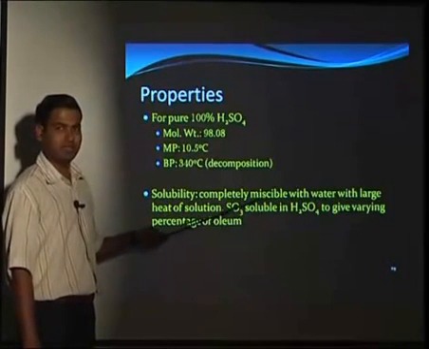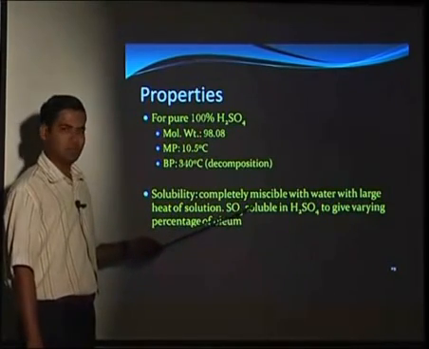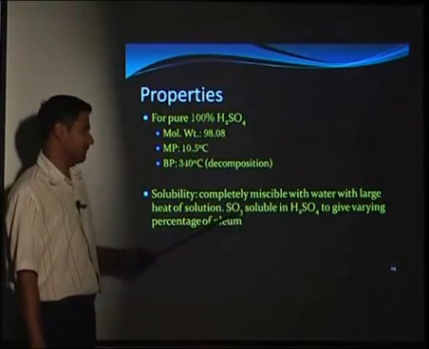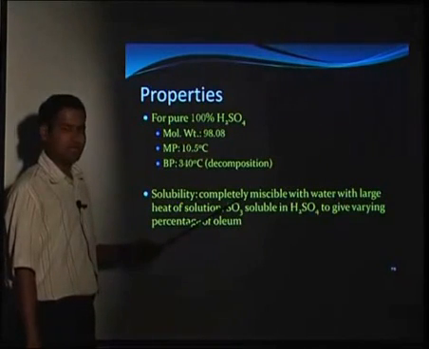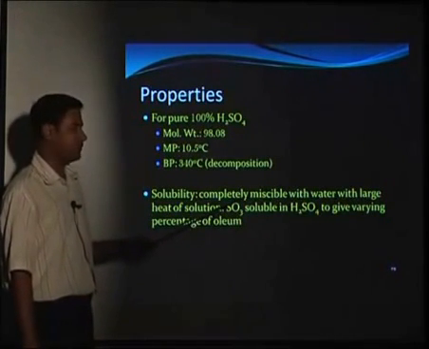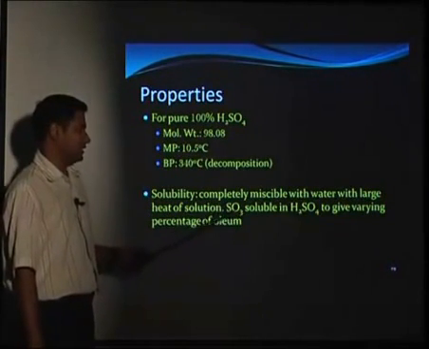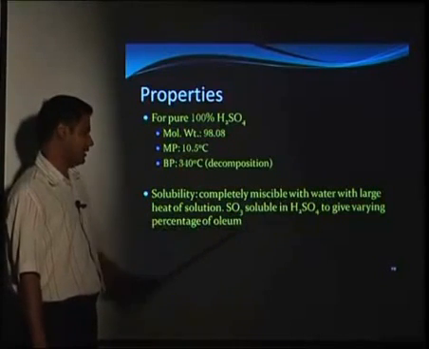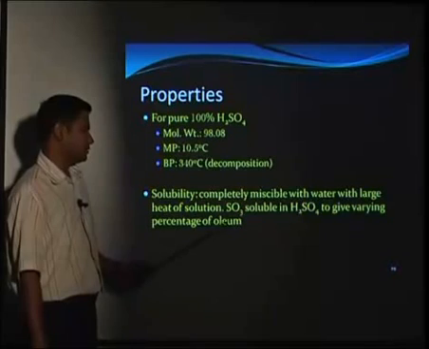If we dissolve sulfuric acid in water, we can see fumes coming and the temperature of water increases tremendously. So why? Because hydration of sulfuric acid is an exothermic reaction. Then sulfur trioxide is soluble in H2SO4 to give varying percentages of oleum. We'll see what is meant by oleum in the next part.